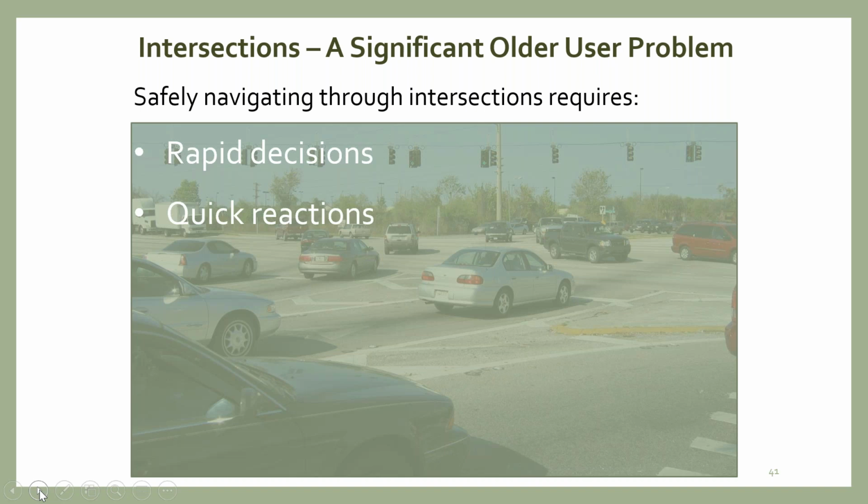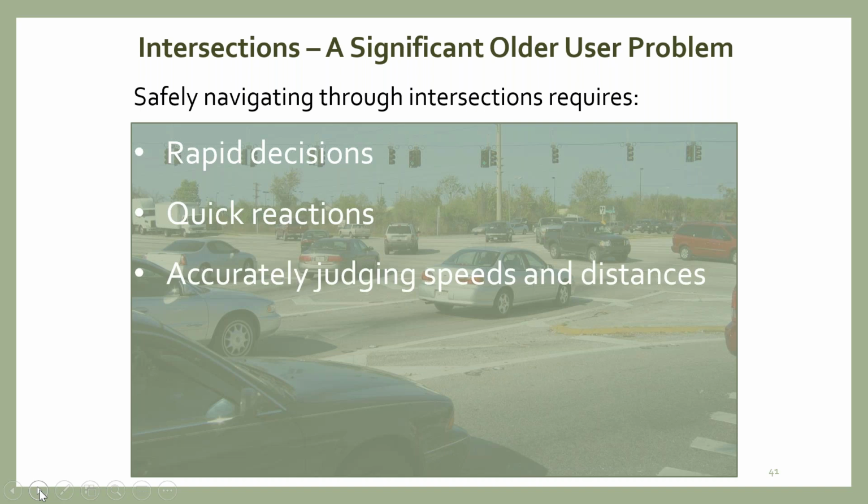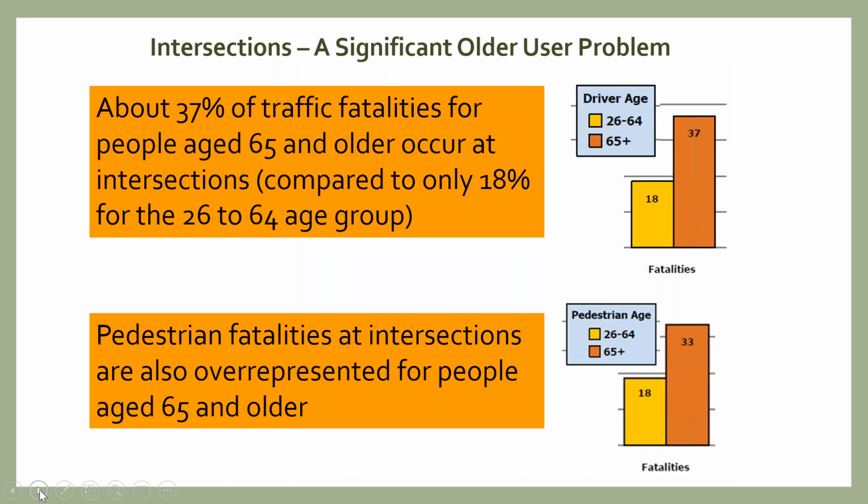Rapid decisions, quick reactions, and accurate judgments of speed and distance are all abilities that can diminish with aging. That is why intersections tend to stand out as a significant concern for older users.